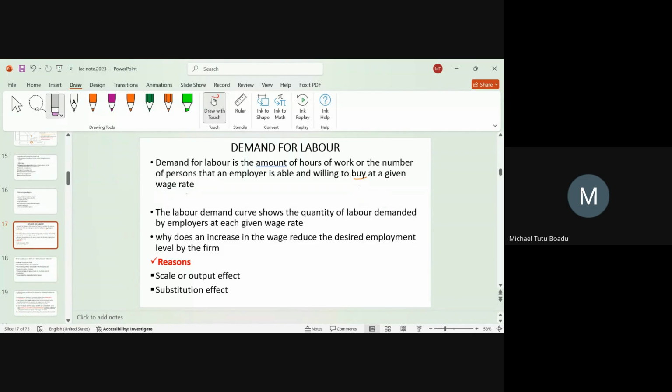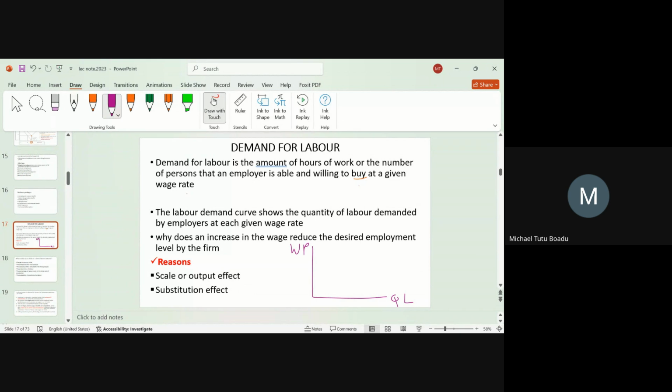And the labor demand curve will show the quantity of labor demanded by employers at each of the wage rates. So just as we look at demand for goods, this is the quantity demanded and this is the price. Here we put wage where price is and put labor demand where Q is.